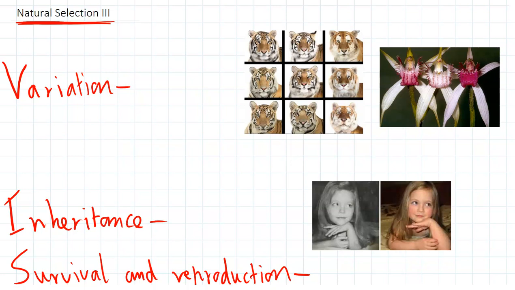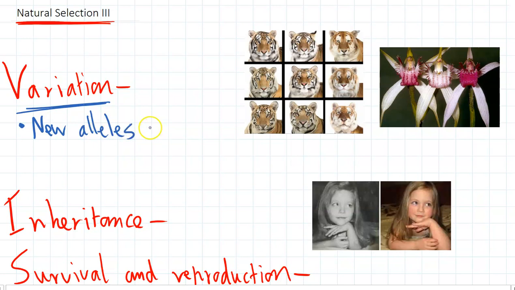Okay, so variation, we know from what we learned about genetics in the last topic. Variation is caused by different alleles in the population, which cause different traits. And we also remember that new alleles are caused by mutations.